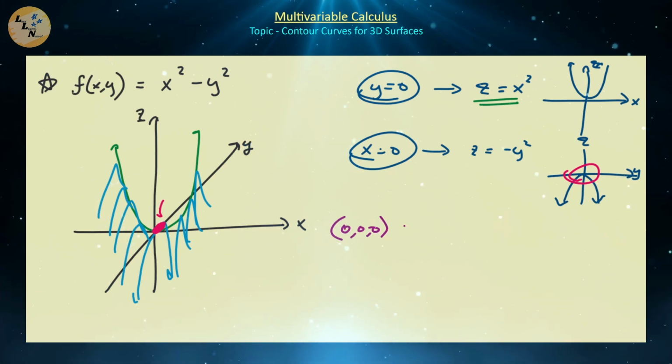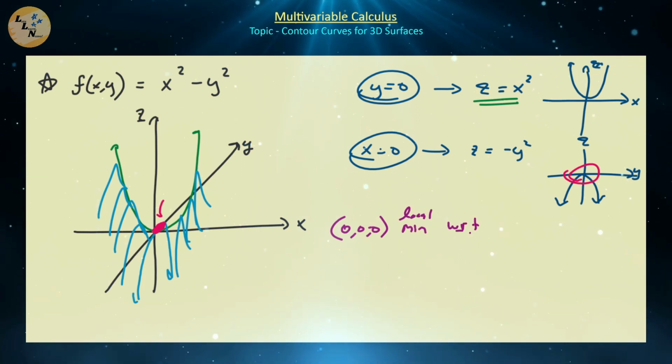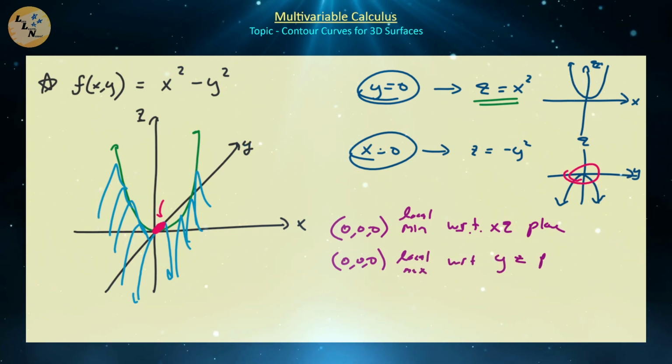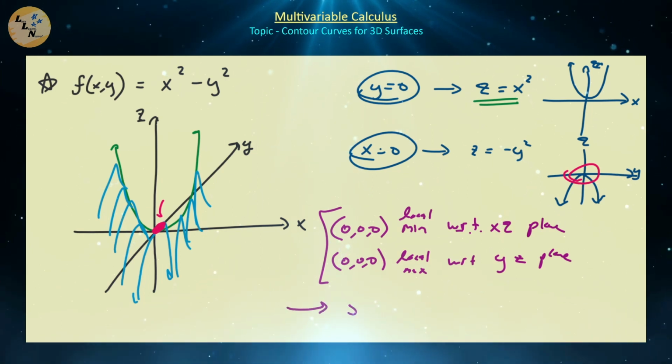So 0, 0, 0 is a local minimum with respect to the xz plane, and 0, 0, 0 is a local maximum with respect to the yz plane. So every time you have a point that's a maximum in one direction and a minimum in the other direction, this is usually what we refer to as a saddle point.